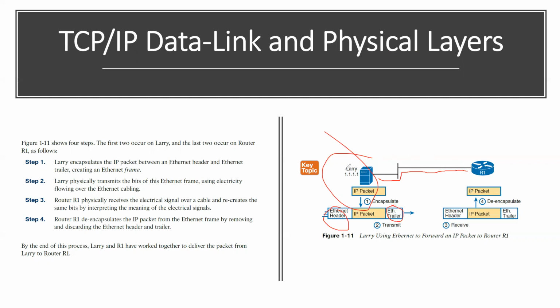Then router 1 physically receives the electrical signal over a cable and recreates the same bits by interpreting the meaning of the electrical signals. So Mo's router gets those bits sent by Mo's PC and says, I know what these mean, I can decode this. Perfect. Then step 4, router 1 starts to de-encapsulate, meaning it breaks off a few things. The Ethernet header and trailer get broken off.